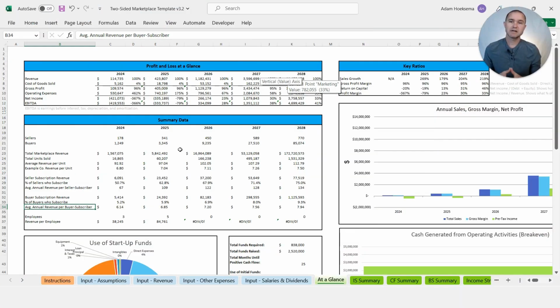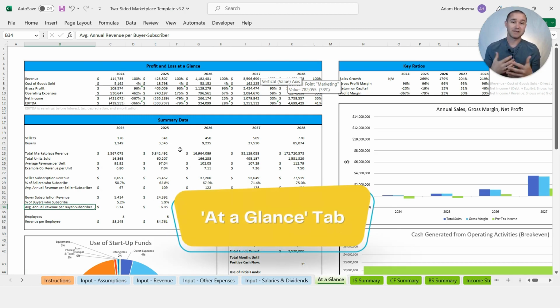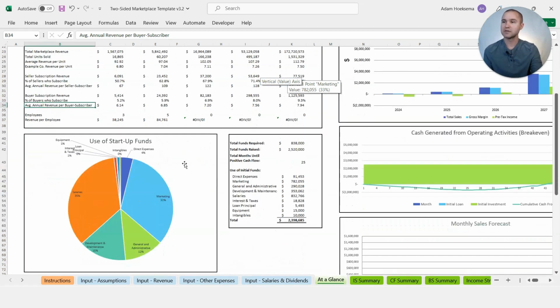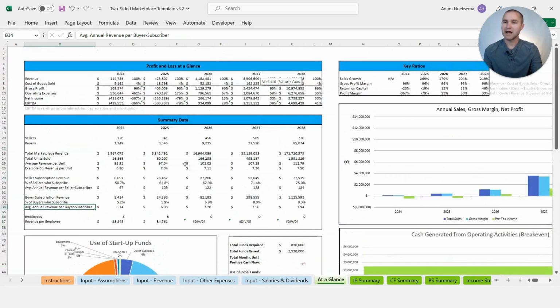All right, so I'm starting on the at a glance tab. And so this is kind of the end of the process. So once you have entered in all your assumptions and filled out your revenue and expense and asset and liability assumptions, this is what we're going to get to at the end. So there's a number of different charts and high level graphs and key ratios and some key performance indicators for a marketplace type business.